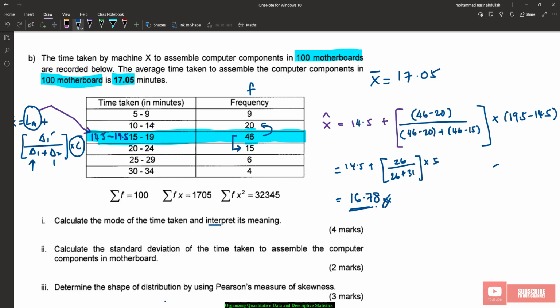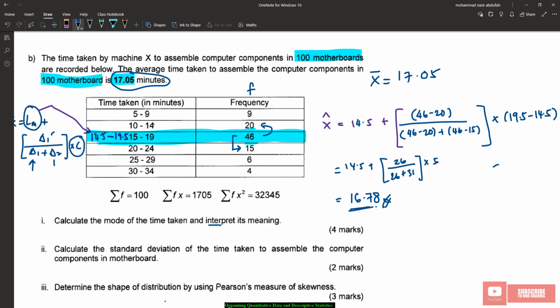Sir, for frequency of the modal class, it states here 17.05 minutes. We have to take the range. Where? 17.05. This is frequency of modal class?